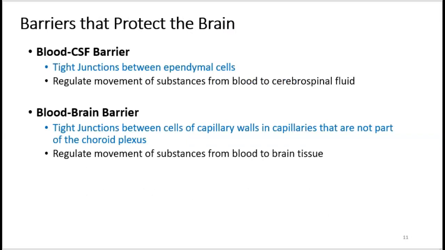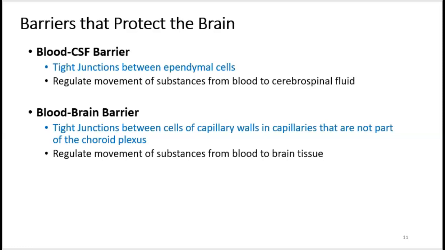So the third topic today relates to barriers that help protect the brain and maintain the chemical environment that it needs. One that we've already discussed is the blood CSF barrier. That's only occurring in the choroid plexus, where the ependymal cells have tight junctions.